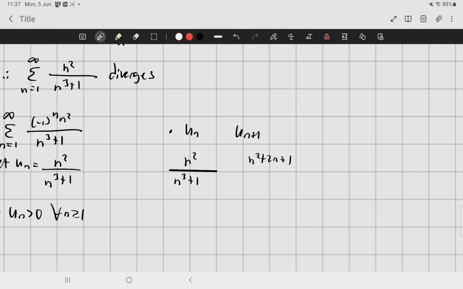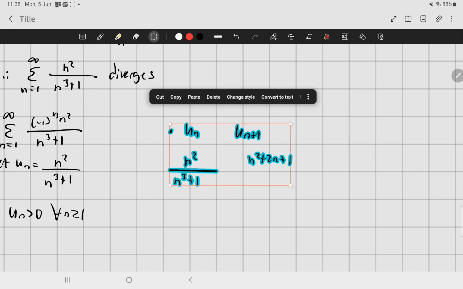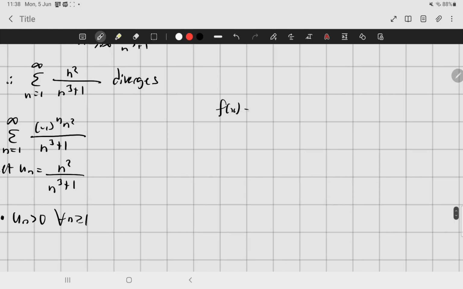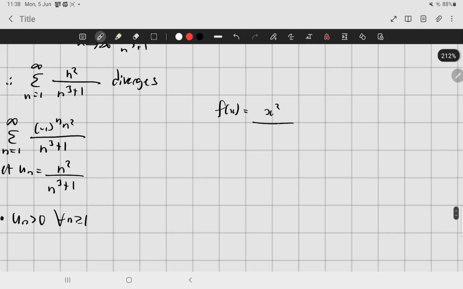The reason why I did the inequality is because I want to show that it is decreasing. Okay, it decreases. So the other way is this. By defining a function f of x equal to x squared over x cubed plus 1 for all x larger than or equal to 1.